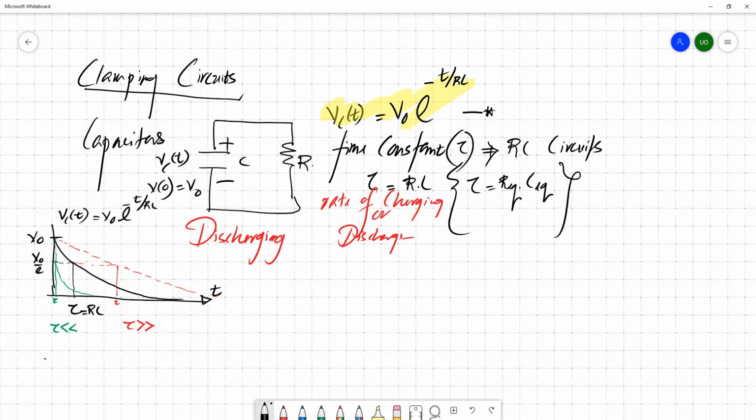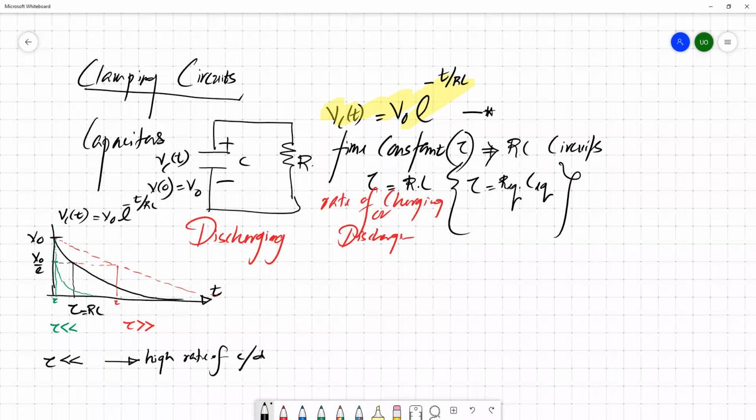If the time constant is very small, we can say there is a high rate of charging and discharging. It discharges to its minimum very quickly and charges to its maximum voltage very quickly.